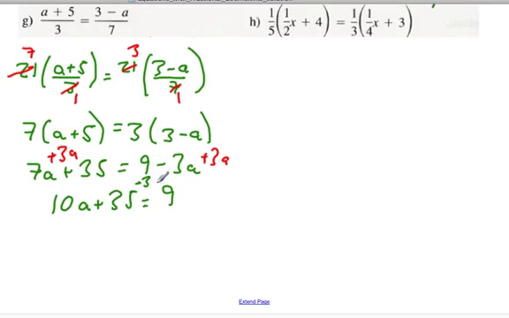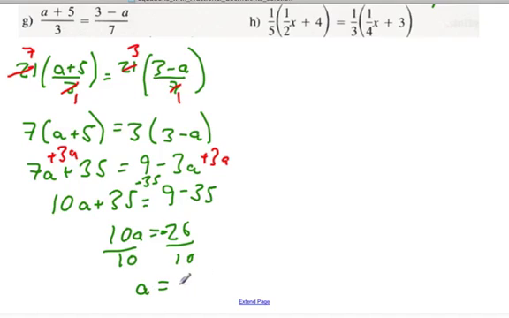Subtract 35 from both sides, and you get 10a is equal to negative 26. And divide both sides by 10. And in lowest terms, 2 goes into it and simplifies through, so a is equal to negative 13 over 5.